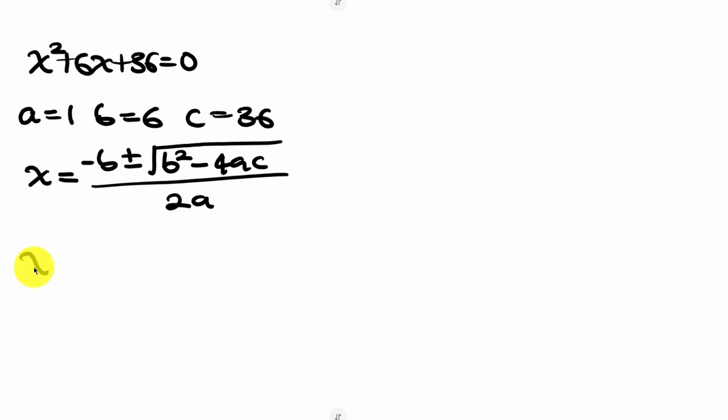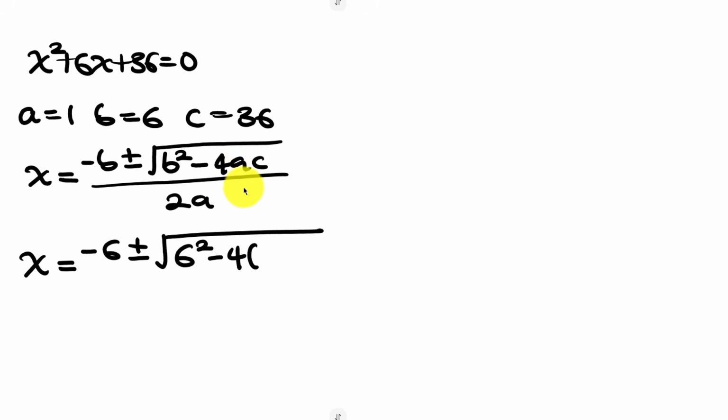So we have x equal to negative b, b is 6, plus or minus the square root of b squared, so that is 6 squared minus 4 times a, a is 1, times c, c is 36, all over 2 times a, so that will be 2 times 1.